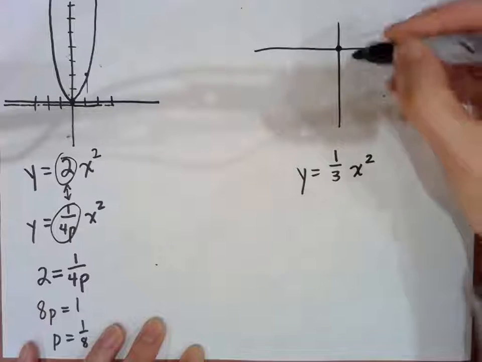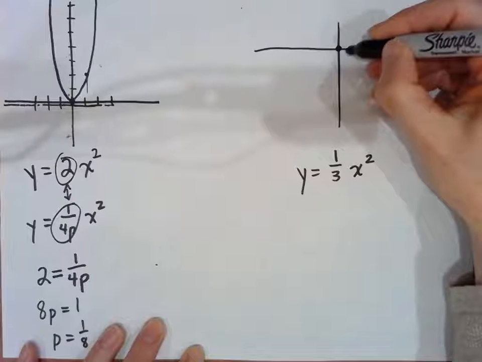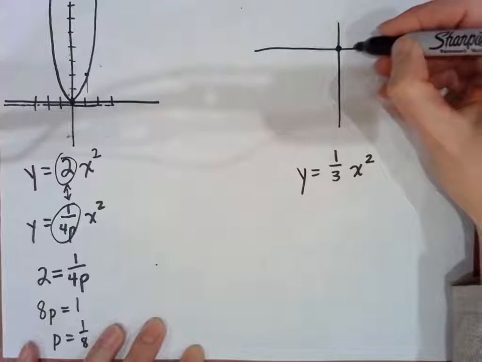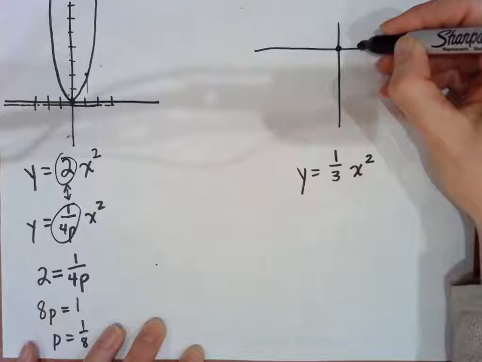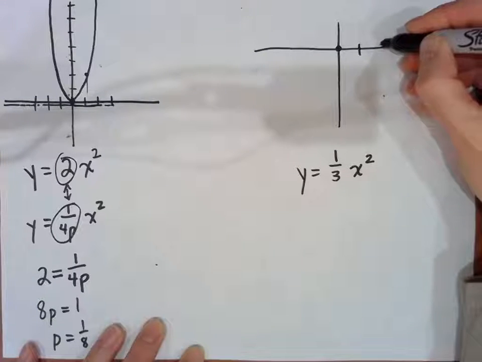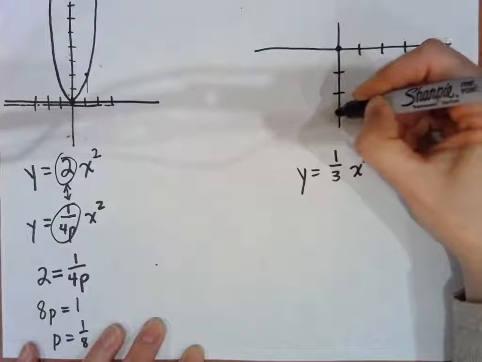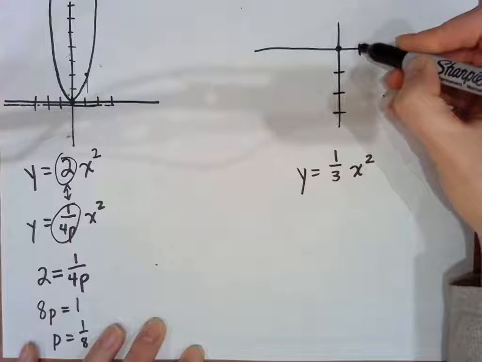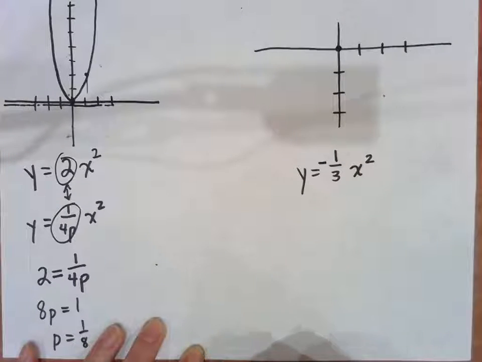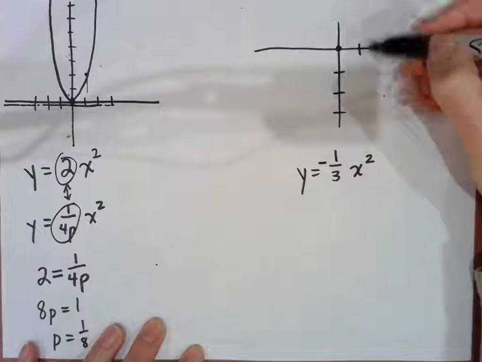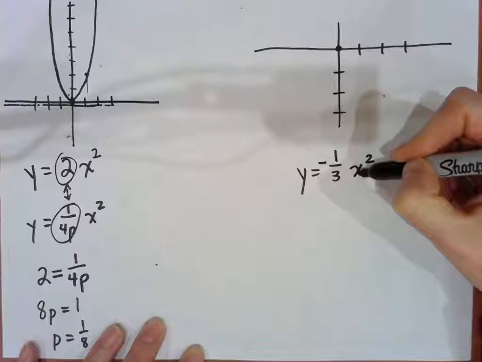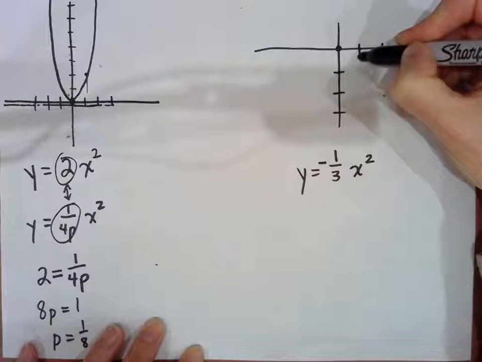When we put 1 in, we get 1/3. Let's make this 1, 2, 3. That's 1, 2, 3. Okay, so at 1, sorry, I wanted it to be a negative 1/3. So if we put in a 1, we should get negative 1/3. So it's going to be right about there.